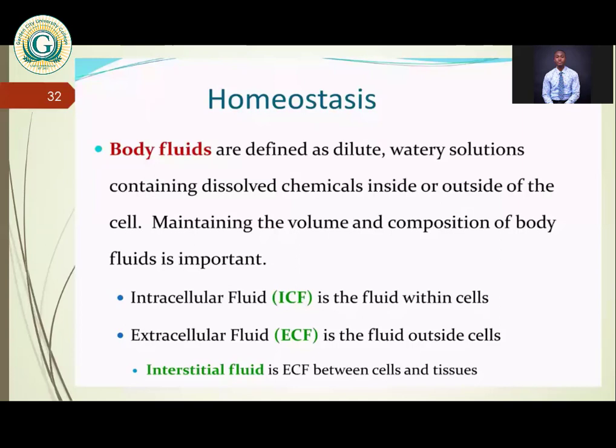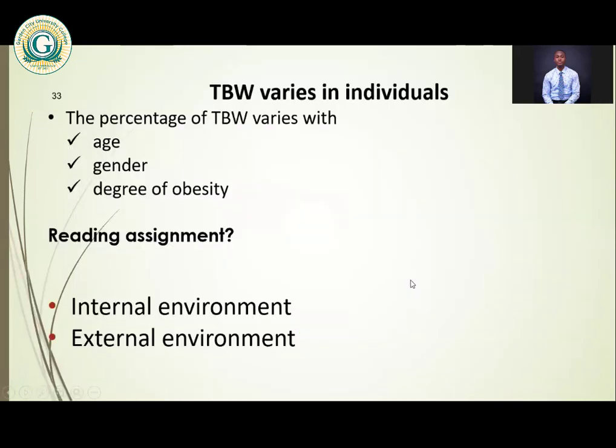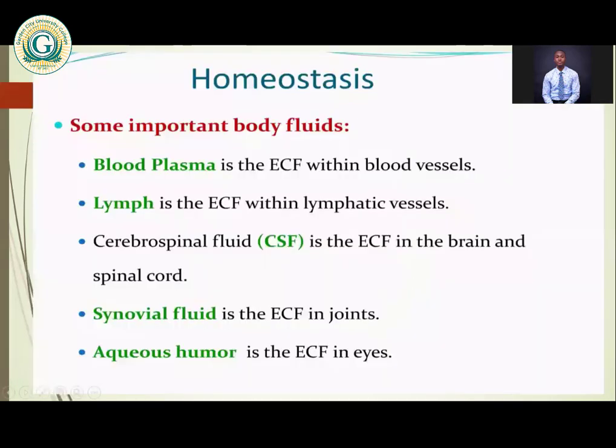So to take it again, intracellular fluid is the fluid inside the cells. Extracellular fluid is any fluid outside the cell. So outside the cell, we have the fluid surrounding right around the cells. That is interstitial fluid. Aside from the interstitial fluid, we have other extracellular fluids.